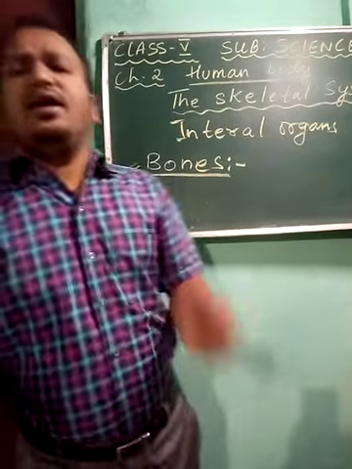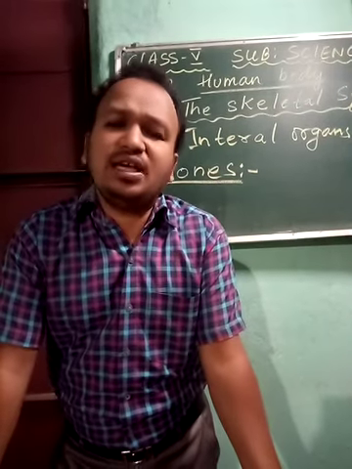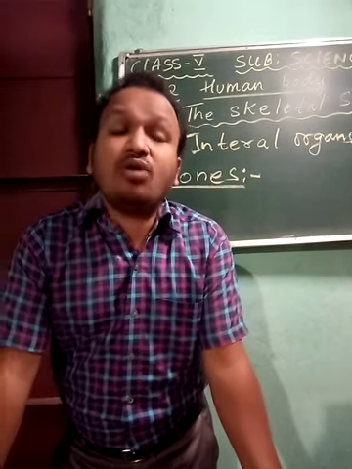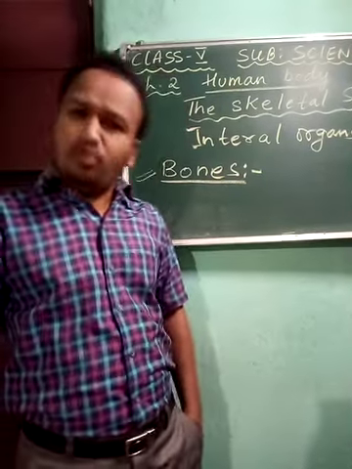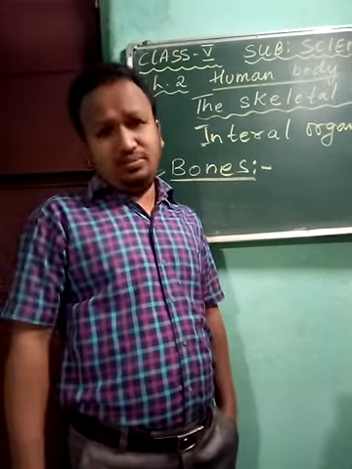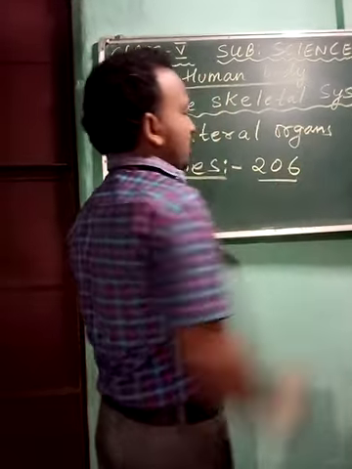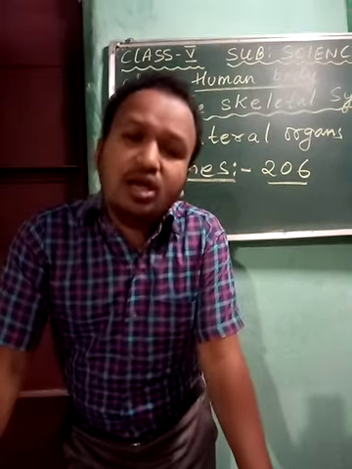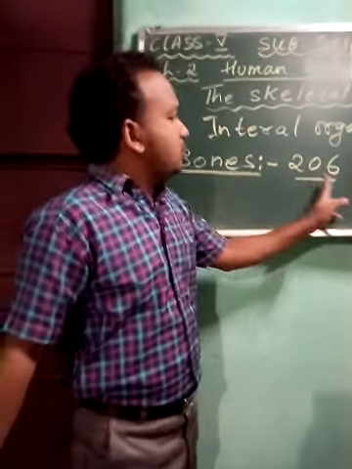The human body is not only made of skin, muscles, tissues and cells, it is also made of bones. The strongest parts of our body are the bones. An adult human skeleton has 206 bones.